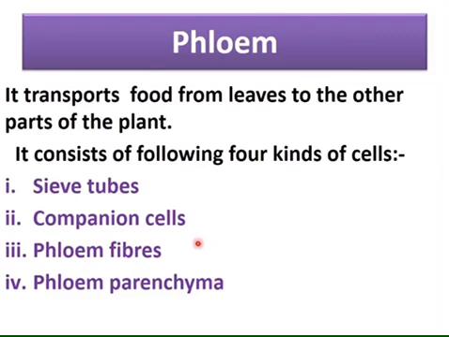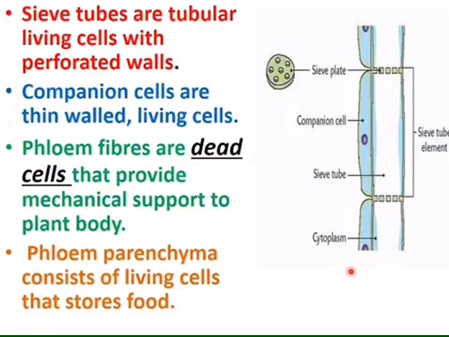There it was xylem fibers and xylem parenchyma. Here we have phloem fibers and phloem parenchyma. So these are the 4 kinds of cells in phloem tissue, which transports food from leaves to all other parts of the plants. Now let us see about these 4 components of phloem tissue.